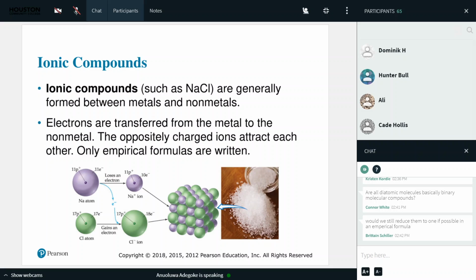Cations typically have a smaller size than their parent atom. We will discuss this in chapter 7. I don't want to overwhelm you with why this is small and that is big. Just know that this is the crystal lattice of sodium chloride. Sodium chloride is an extremely strong compound because every ionic compound is very strong.